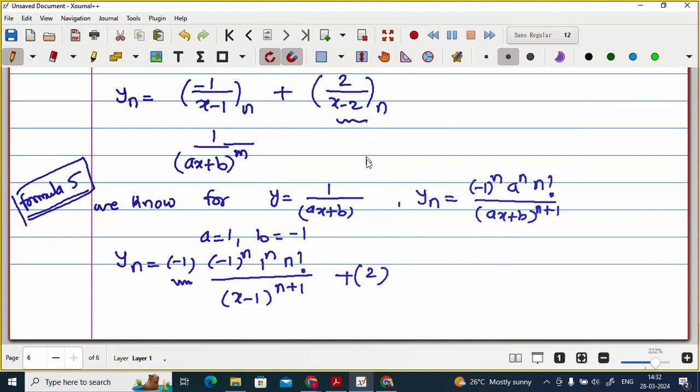So for this second term, a is 1 again and b is minus 2, and the formula will be the same. So with this it will be 2 into 1 raised to n into n factorial divided by x plus b, that is x minus 2 raised to n plus 1.